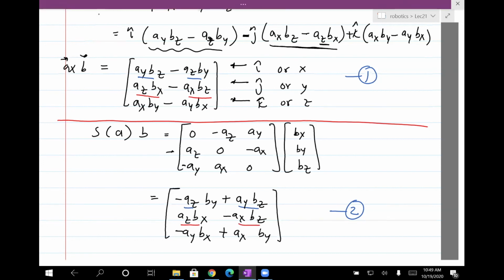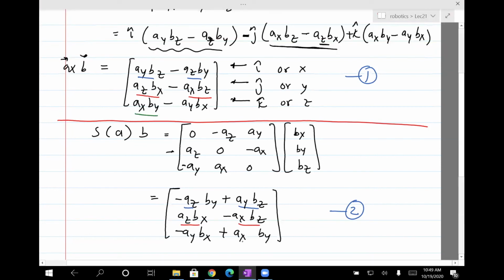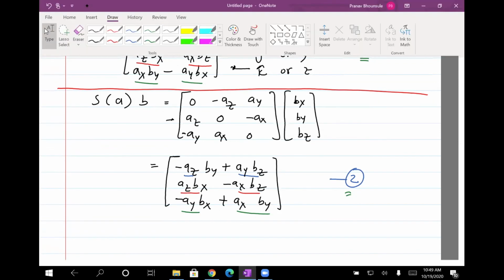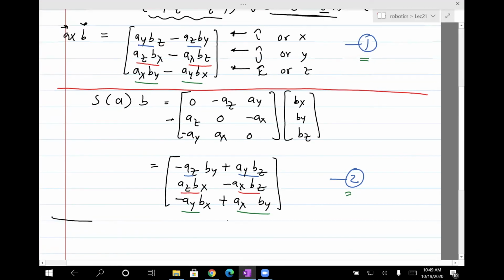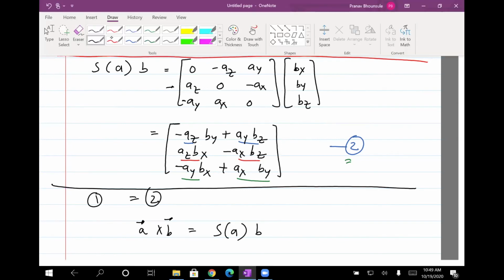And then finally, we have AXBY, which is right here with the positive sign, and minus AYBX, which is right here. So 1 checks with 2, and so 1 is equal to 2, and so we say that A cross B is the skew symmetric matrix associated with A times B. That's true. This checks out.